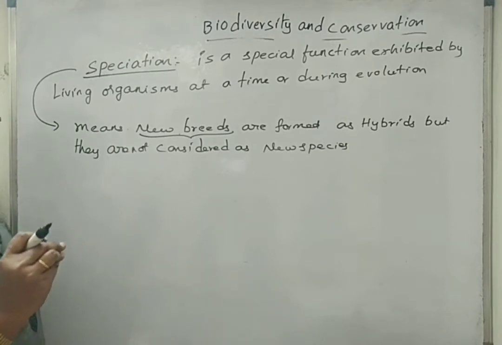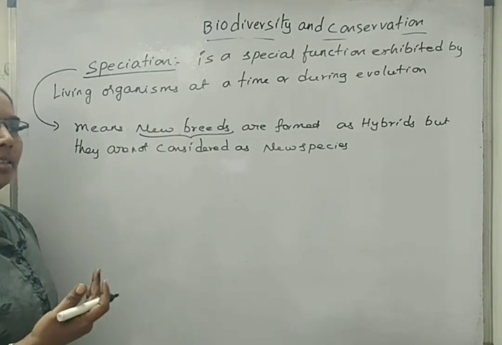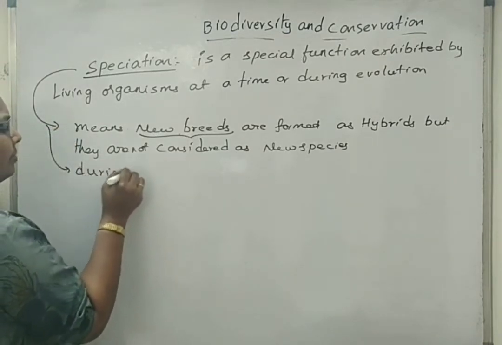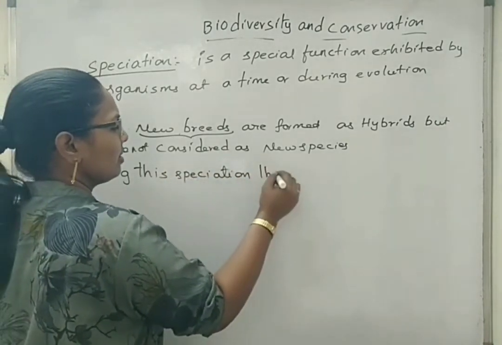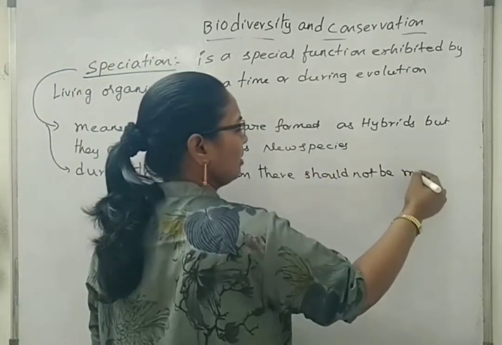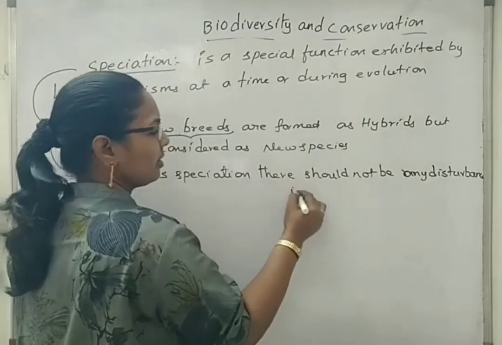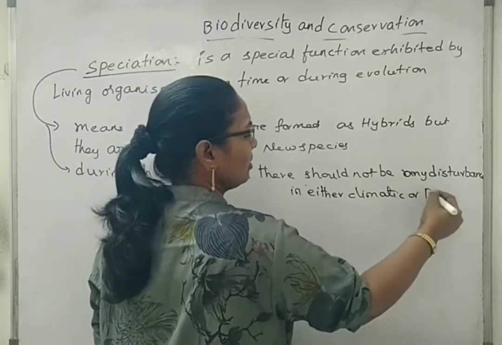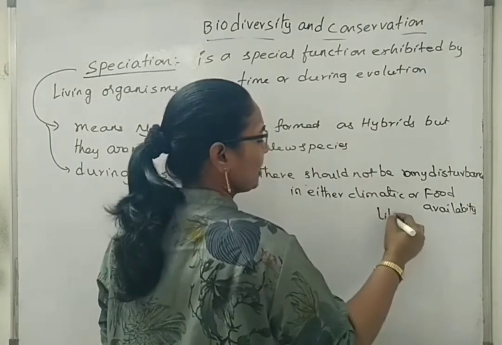During the time, there should not be any disturbance regarding the climatic conditions or any of the other factors like food availability, etc. So, during this speciation, there should not be any disturbance in either climatic or food availability like factors, etc.